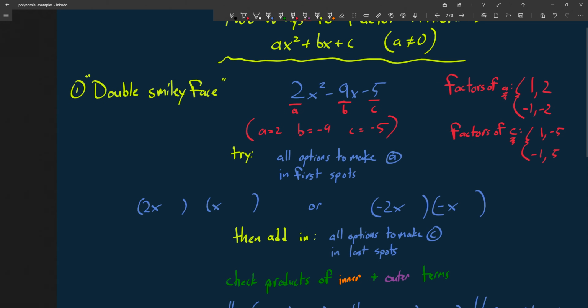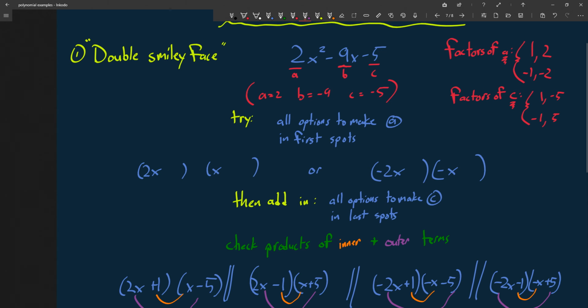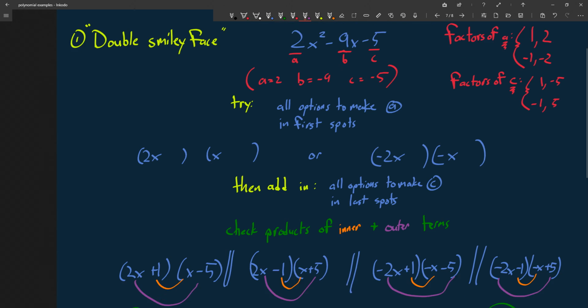You're going to try to make some combination where, when you FOIL it back out, you get the same middle term, the same negative 9x. So with your first bits, you got 1 and 2, or negative 1 and negative 2. So 1x and 2x, or our other option is negative 1 and negative 2.